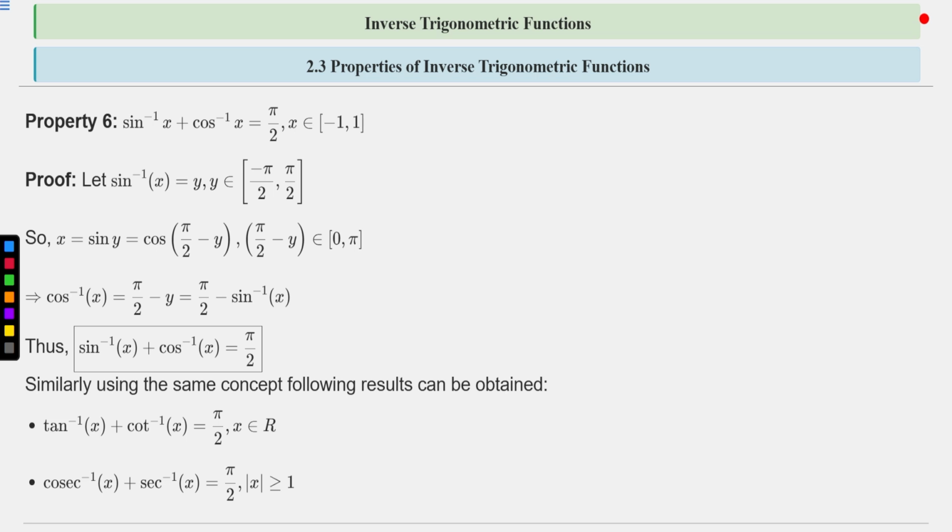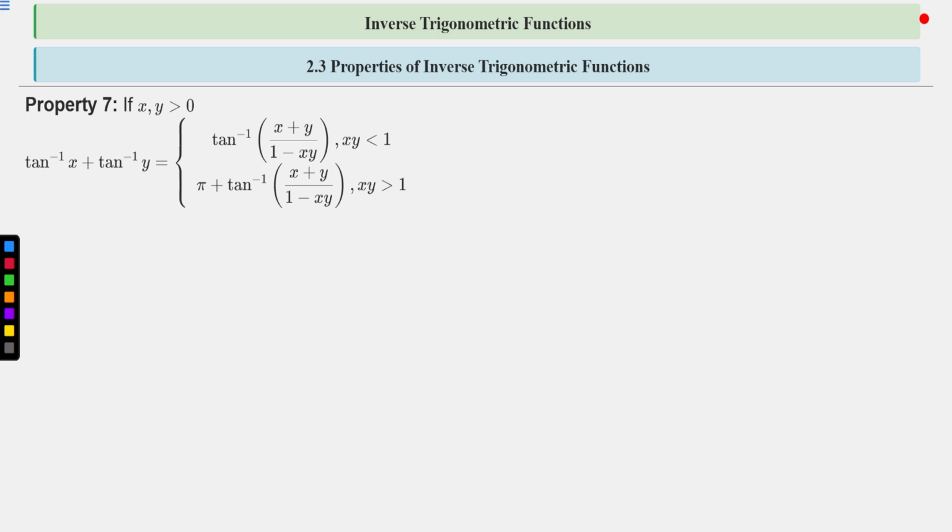Clear? You can memorize all the formulas. You can see the proof also, how this formula has come, but you just have to memorize the final formula which has come after proving the result. Let us move to the next property.